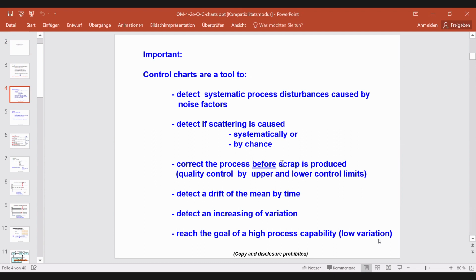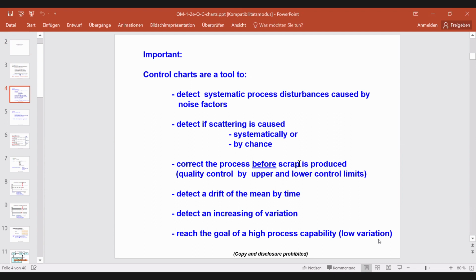Scrap is waste. These are parts you cannot use because they are out of the tolerance. They are not meeting the customer's requirements. In some cases you can rework these parts; in other cases you have to put them into the waste because you cannot sell the scrap parts.